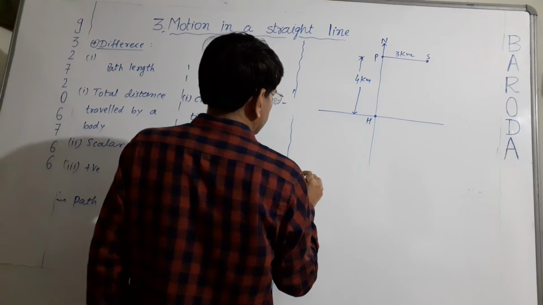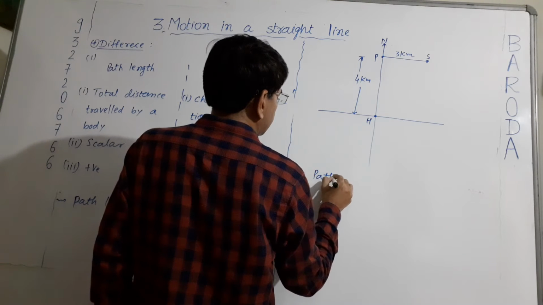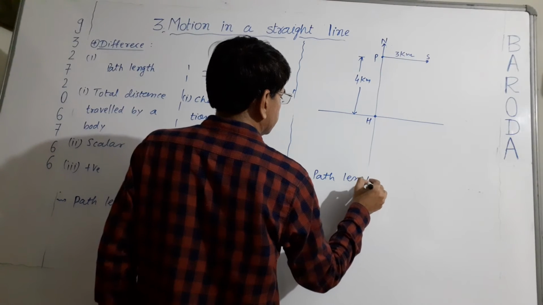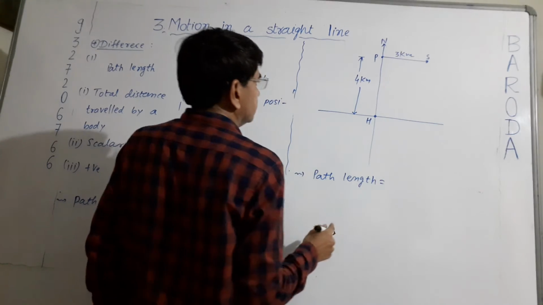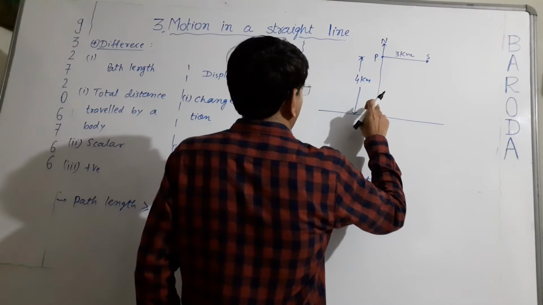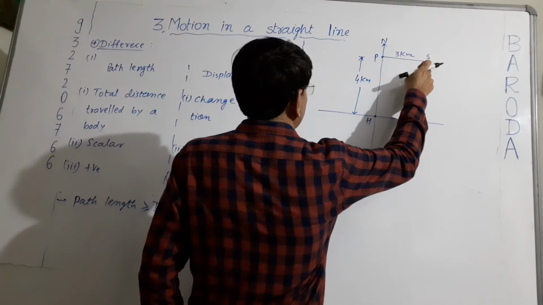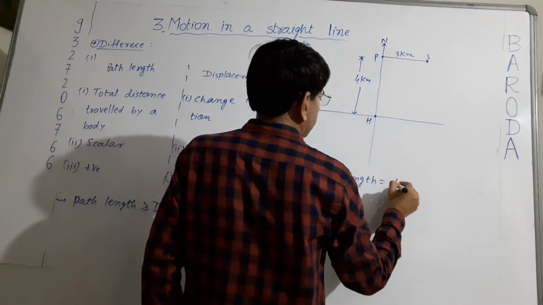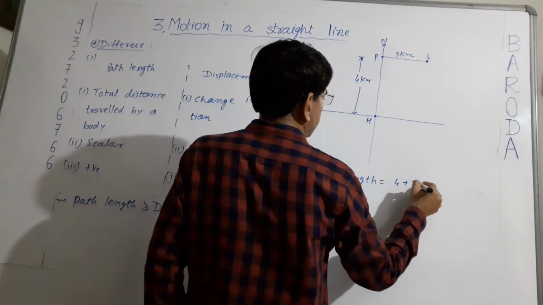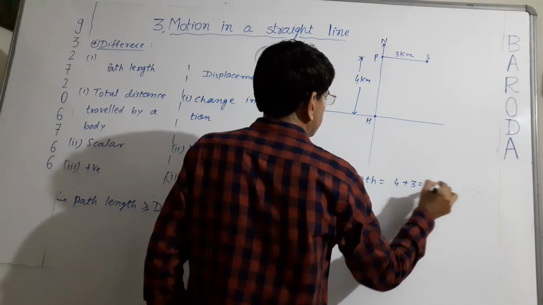In this journey, path length is home to petrol pump to supermarket, that is 4 plus 3 equal to 7 kilometers.